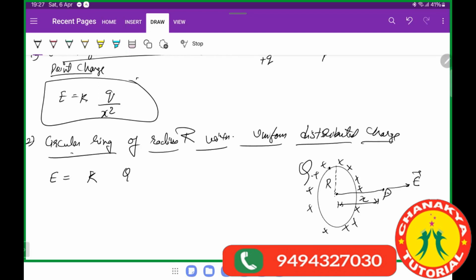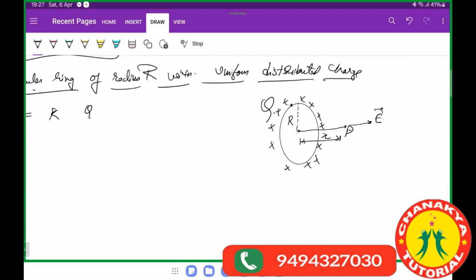How x came is a different case. It would take so much time to derive, but I'll show you an idea. This is your R distance and this is your x distance.